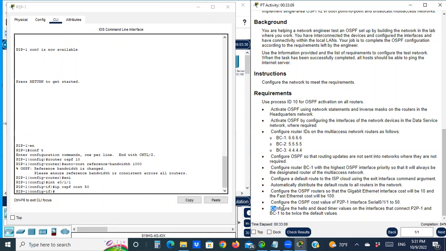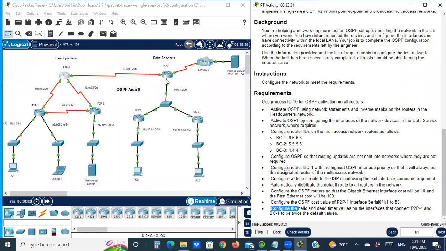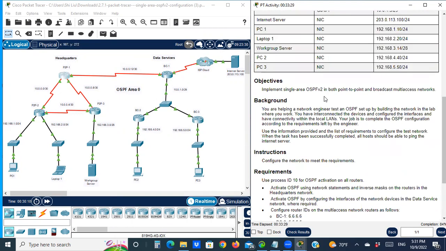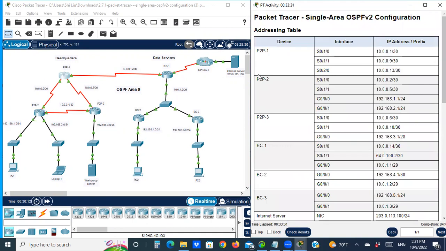Next one. Configure the hello and the dead timer values on the interfaces connecting P2P1 and BC1 to be twice the default value. Let's do it. First let's find out the interface.